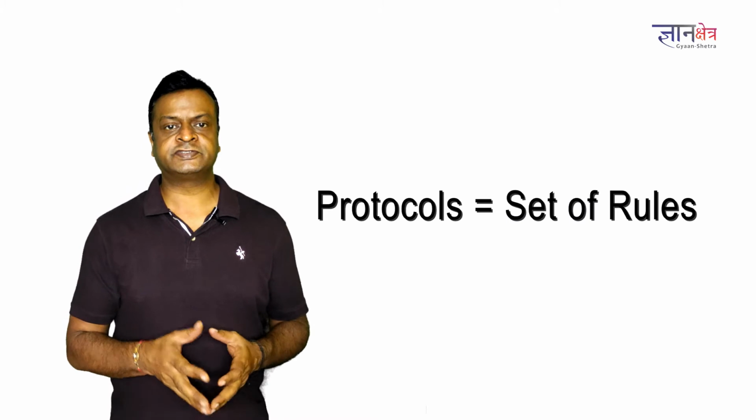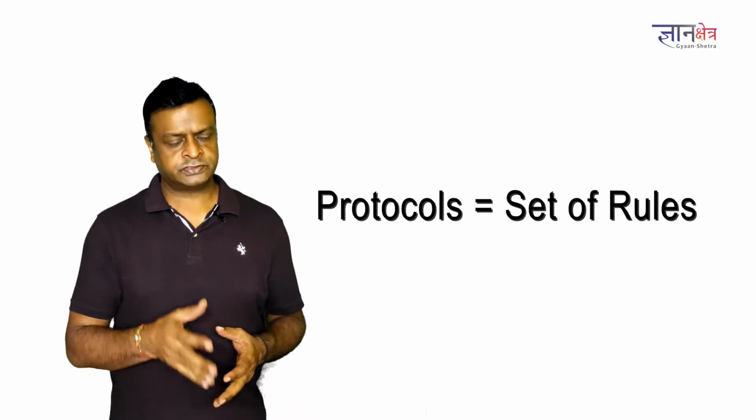So let's try to understand what a set of communication protocols is. Protocols means a set of rules. There are certain rules which need to be followed by every network device in order to exchange information with each other easily.